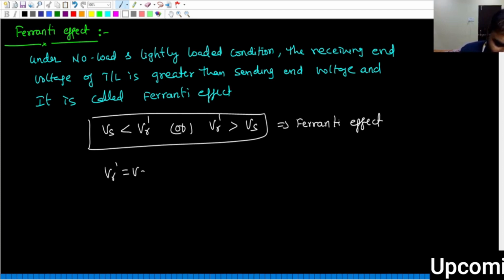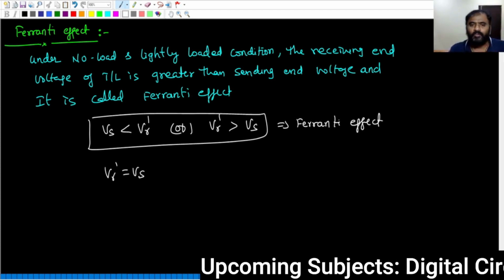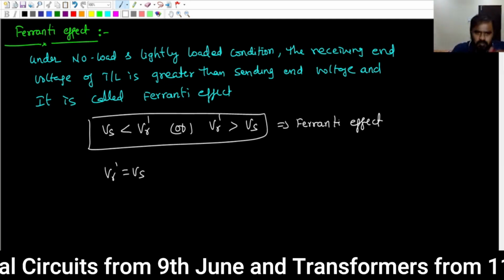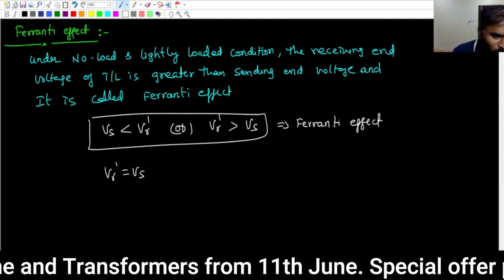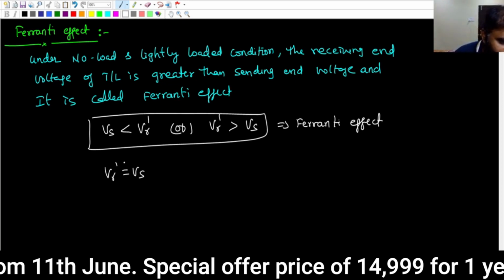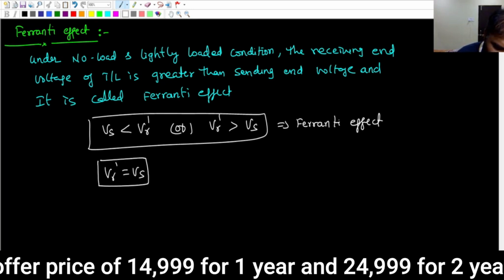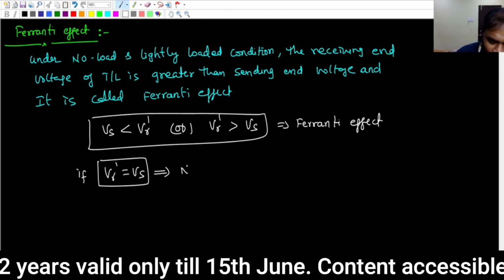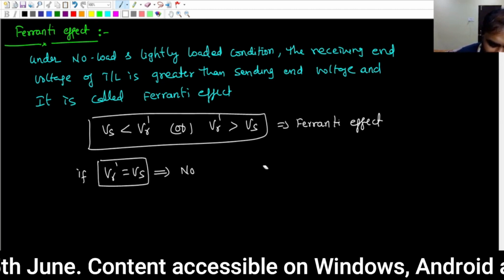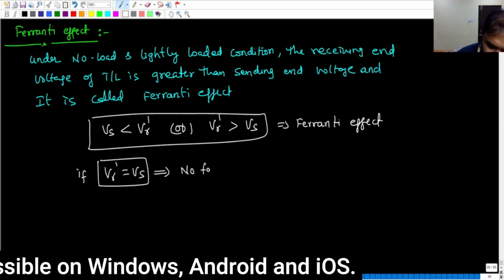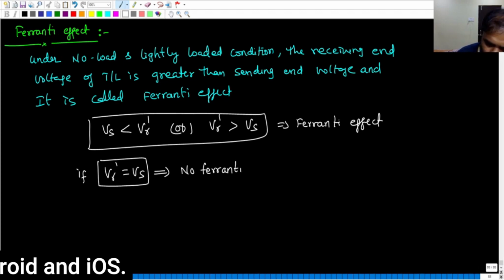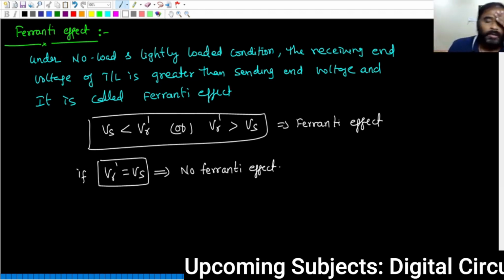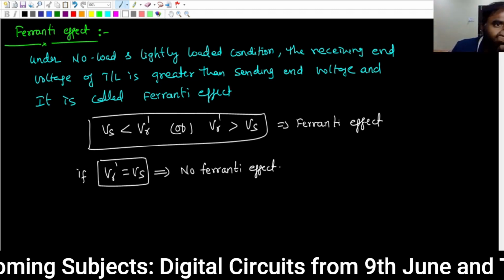Vr dash equal to Vs. Now that is called no Ferranti effect. Okay, clear? Understand?